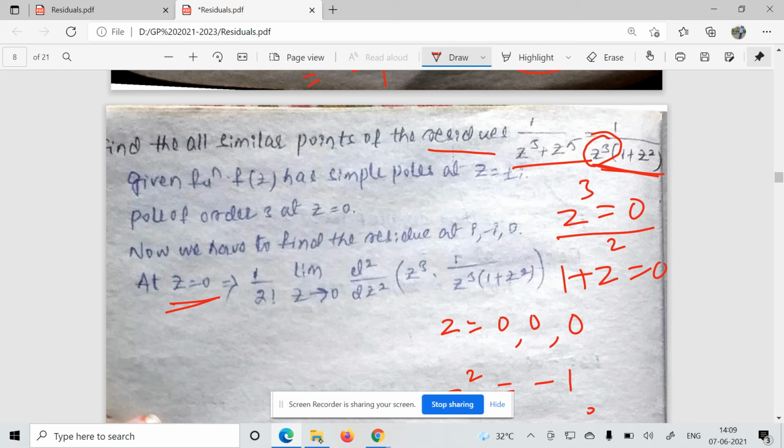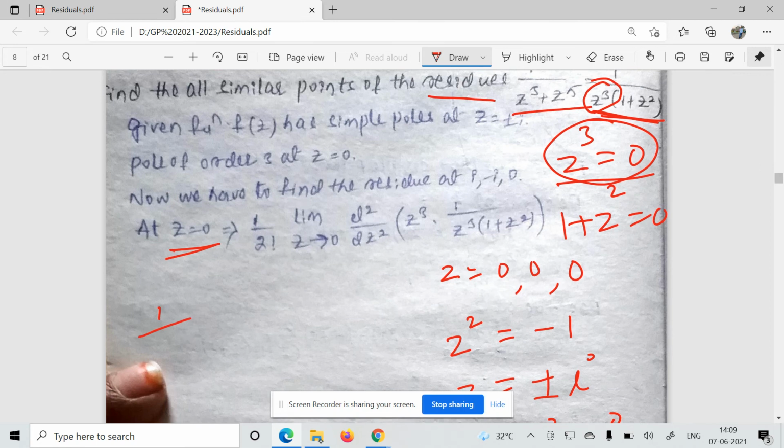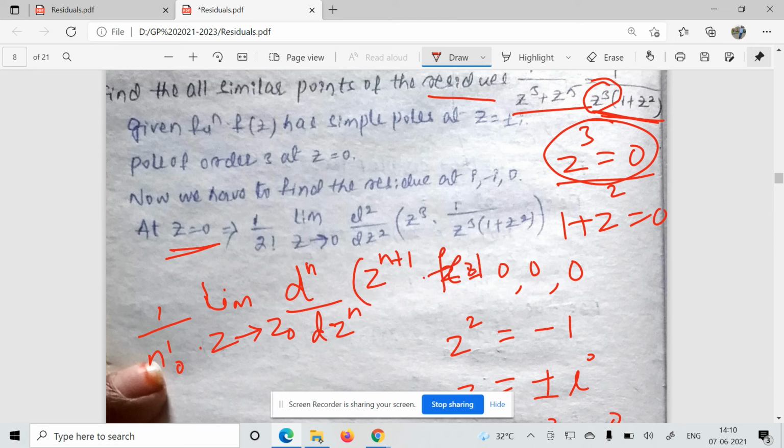The actual formula is 1 by (n minus 1) factorial, limit z tends to z naught, d power (n minus 1) by dz power (n minus 1) of (z minus z naught) whole power n into f of z. This is the formula.